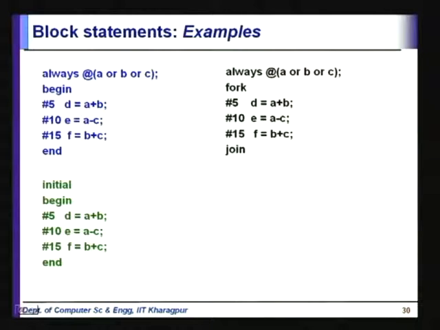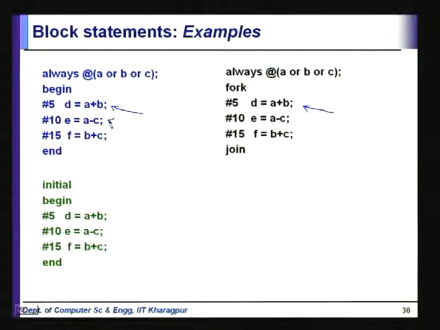This one has put the 3 statements between fork and join. Now note the difference between this and this. Here this assignment takes place at time 5. After A or B or C changes, after 5 time units, this one will take place in both of them. What about the second one?